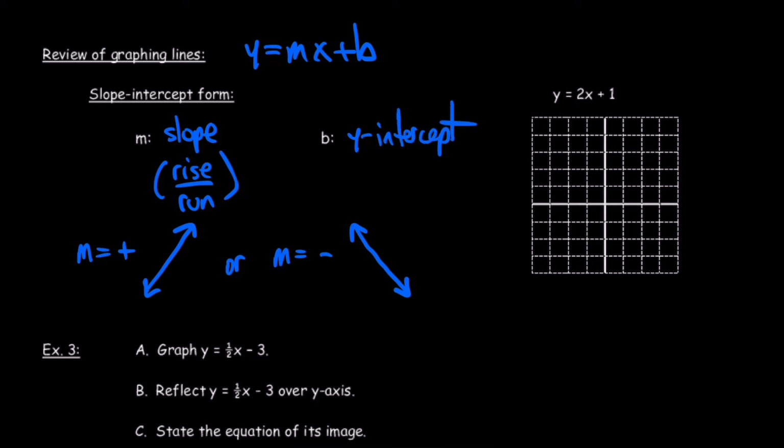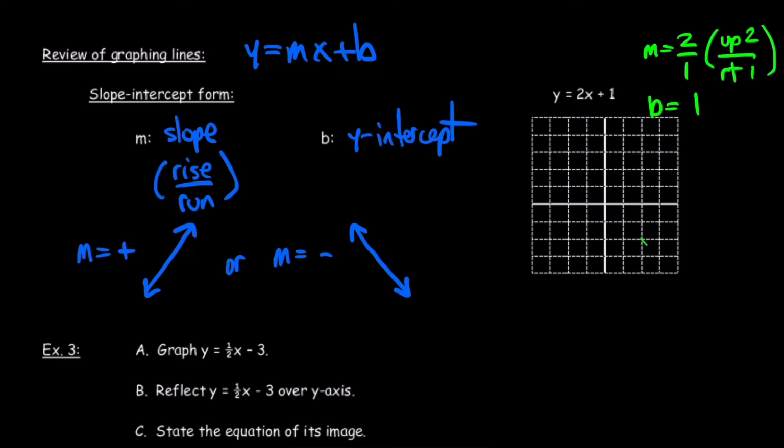So if I want to sketch this line over here real quick, y equals 2x plus 1, I have to label a couple things. Number 1, I know my slope is 2 over 1. And I don't normally write this out, but I'm just going to remind you guys. That means up 2, right 1. I know my y-intercept, or my b value, is 1.